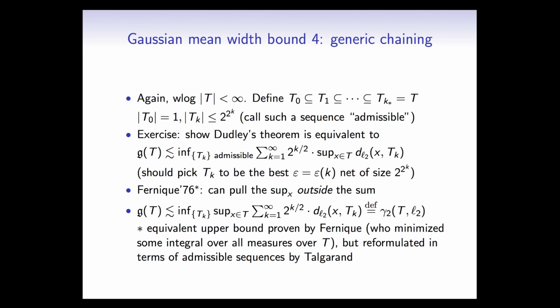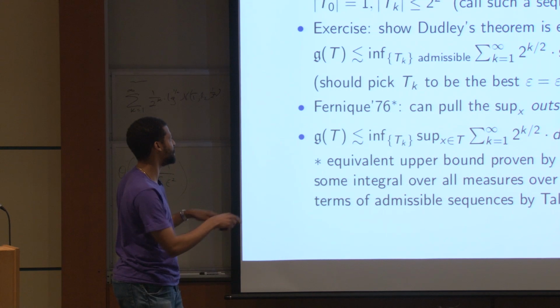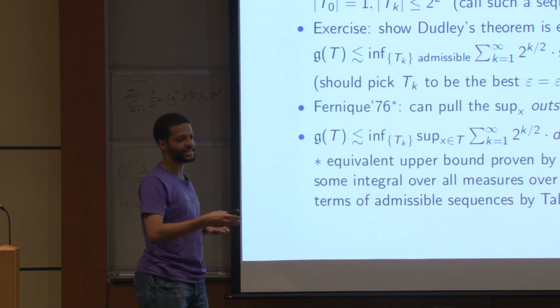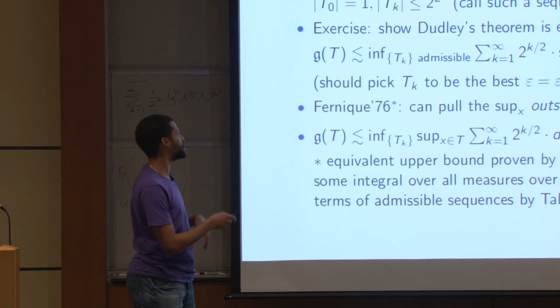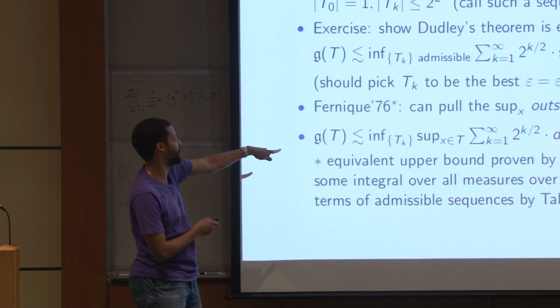And I put an asterisk because Fernique didn't actually do it. He didn't actually write down his bound in this way. He had some measure theoretic definition of, basically, this is a very discrete thing. I'm finding these sets of size 2 to the 2 to the k, and I'm trying to minimize over the sequence of sets.